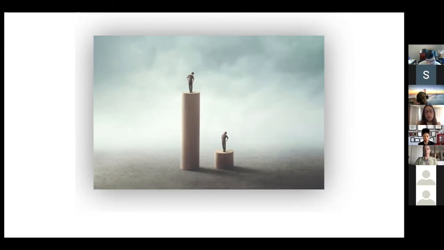So the burden is unequal, and those that contribute less to the climate change problem, ironically, are the most impacted.